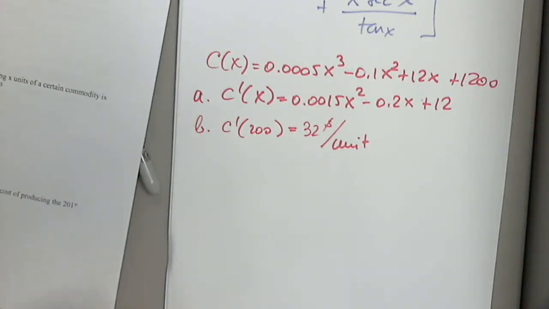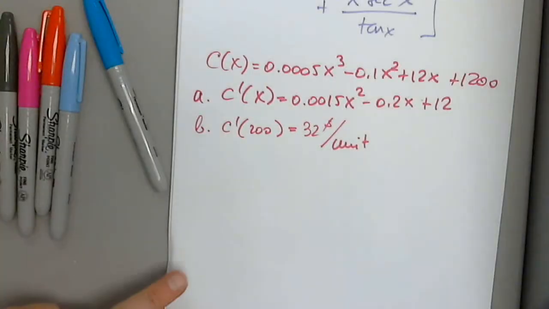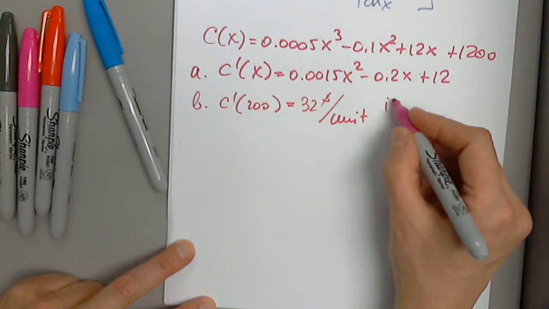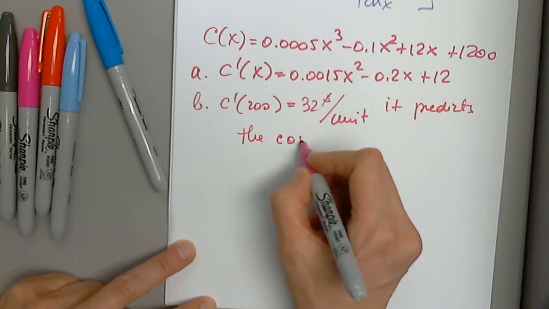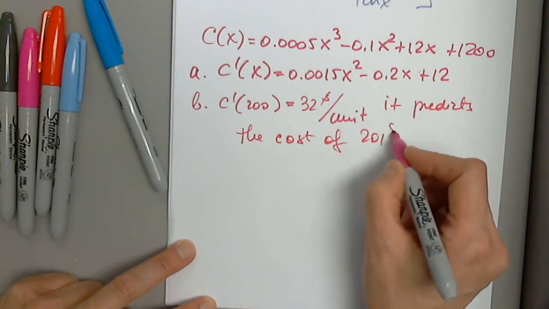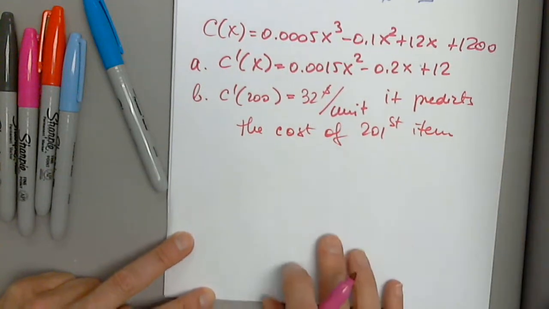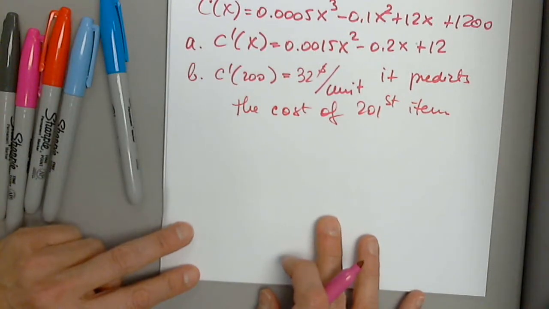Okay, compare your answer from part B with the cost of producing the 200. So what is the meaning is, it predicts the cost of the 201st item. And we know why.